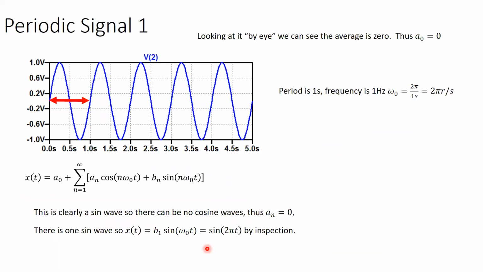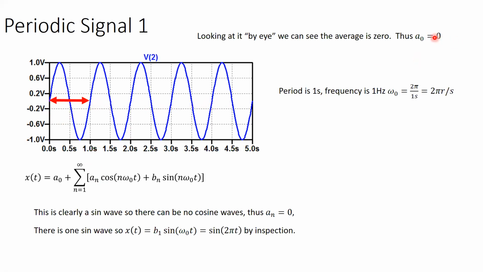All right. Now, I said we can break up any signal into an infinite sum of cosines and sine waves. Well, what if I put in a sine wave? I should get a sine wave. Well, let's look at the average by eye. It goes up to 1. It goes down to minus 1. That looks like it's going to average at 0.